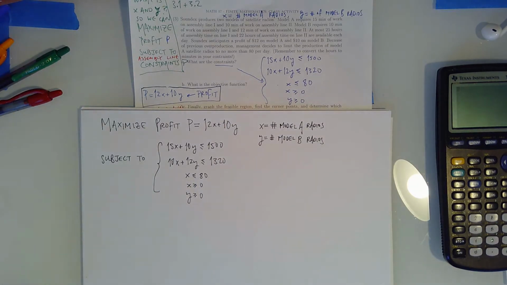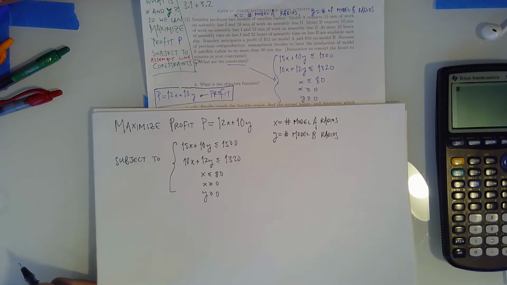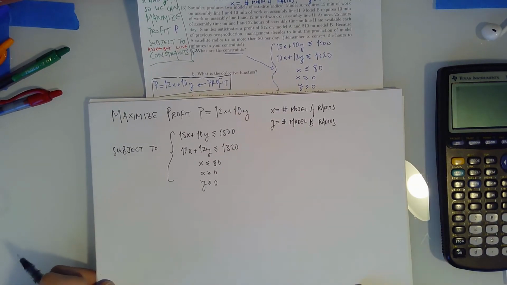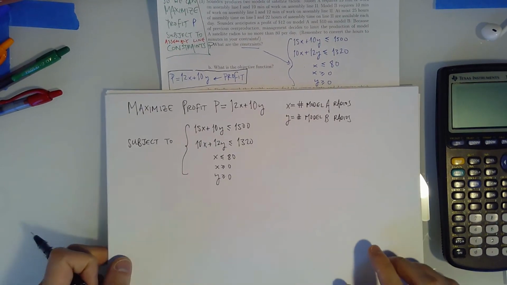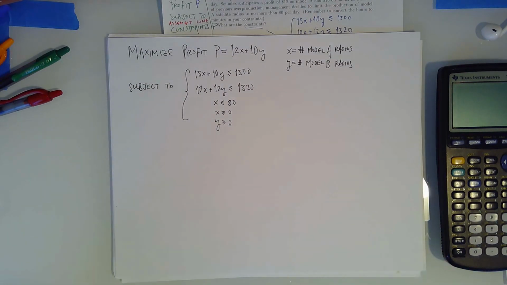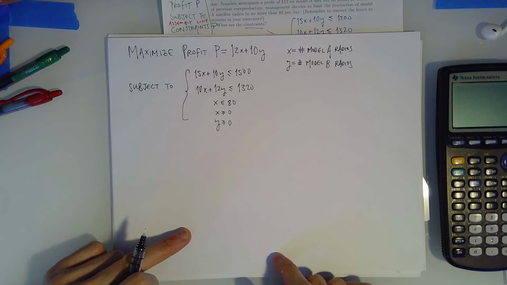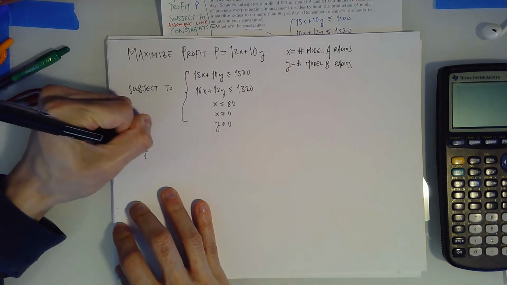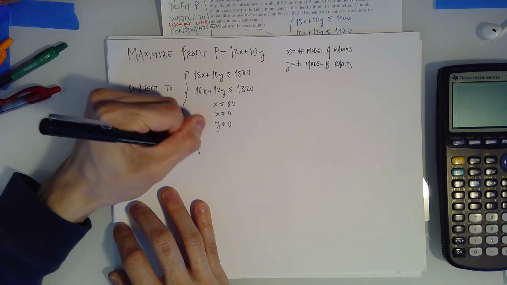Okay, with that in mind, we're going to go ahead and solve the problem using the simplex method, and then we'll check to see that we got the same answer as when we did it geometrically. So here we go. I'm going to start by transferring this into a linear system by adding my slack variables.